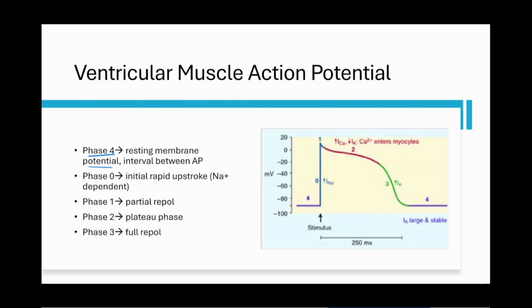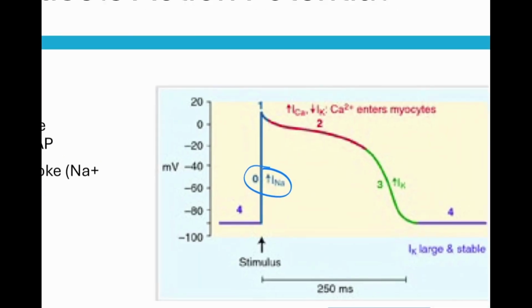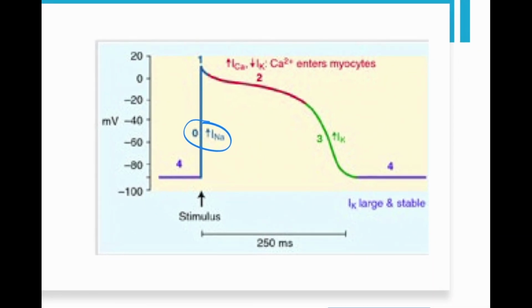Phase 0, rapid upstroke, depolarization, right? There's your sodium. Rapid. That line is straight up and down. On the x-axis here, we have time. So it goes straight up and down, so that action potential is very, very fast.